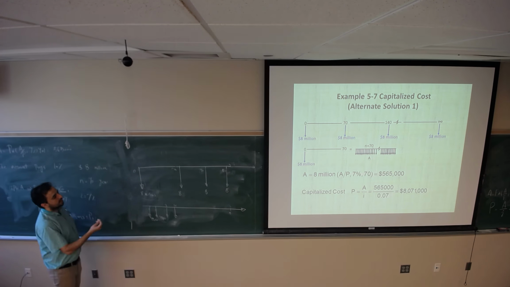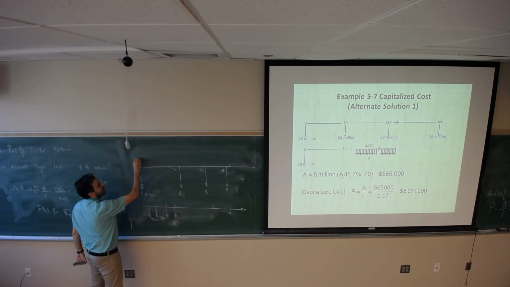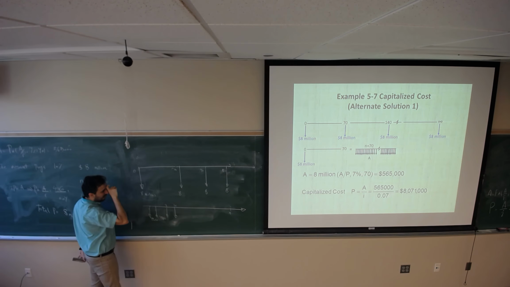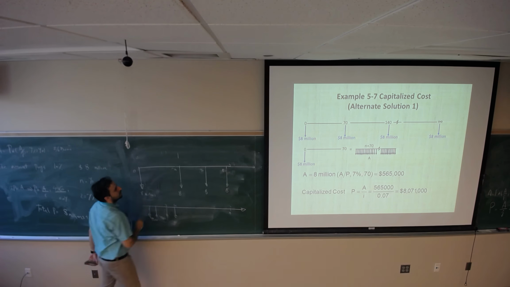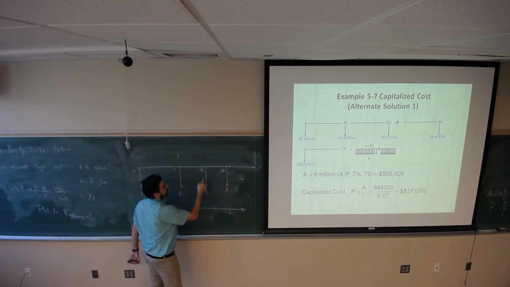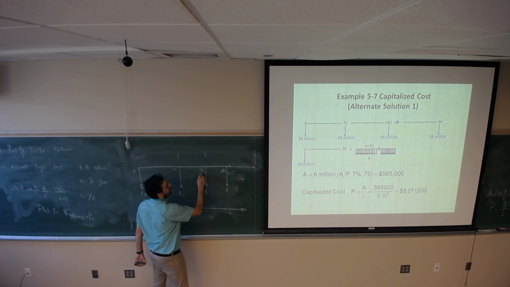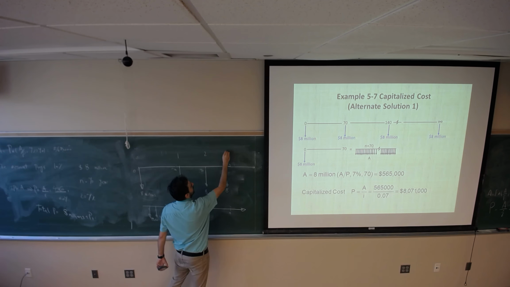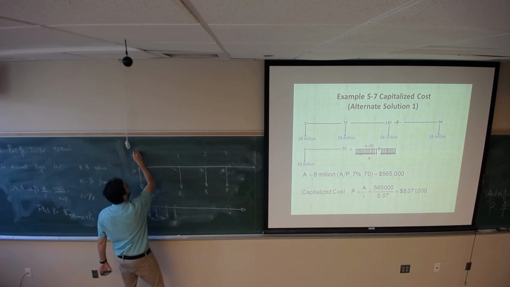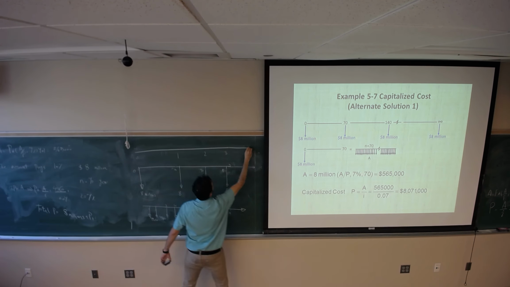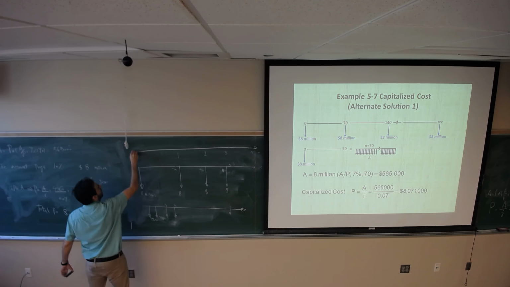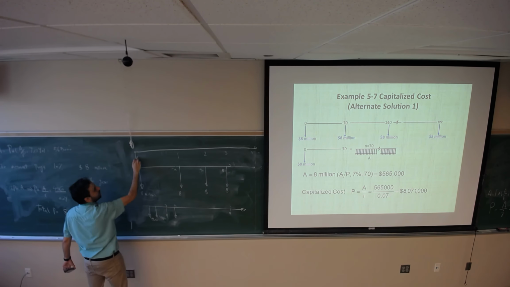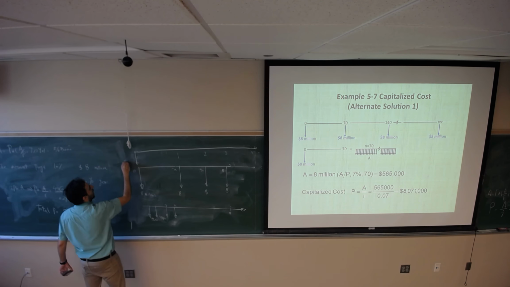So what if I set this as 0 and this 70 as 1 and this 140 as 2, another 70 years 3. Then I'm going to have a cash flow diagram like this. It goes to n, and at the end of each period of time, I'm going to have 8 millions.